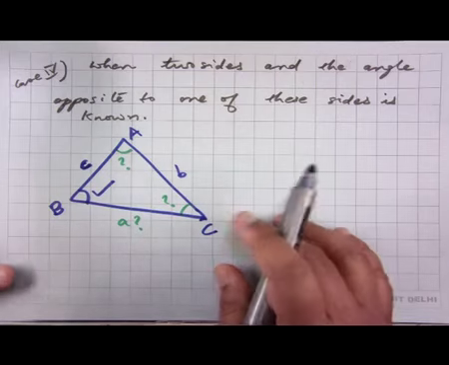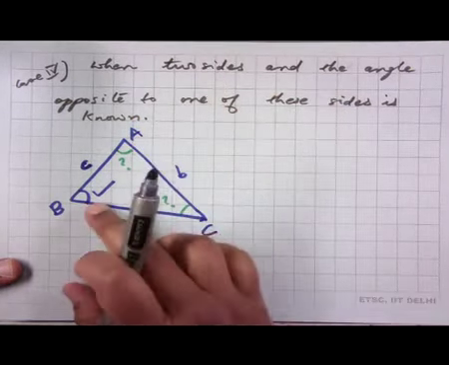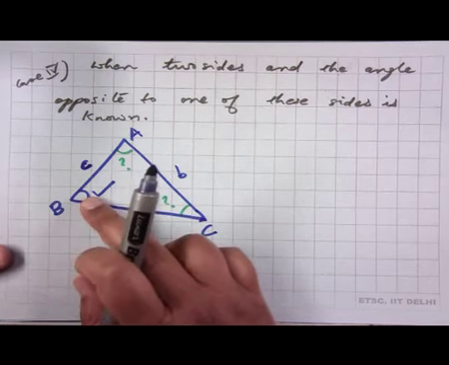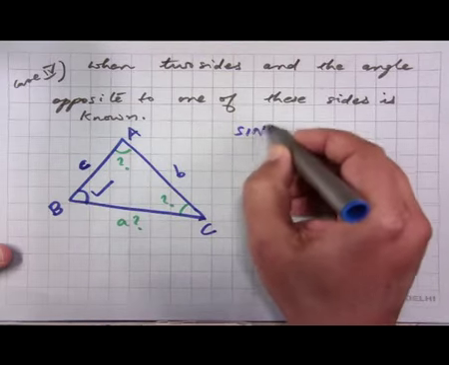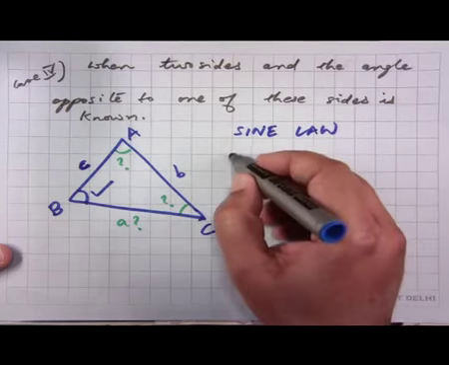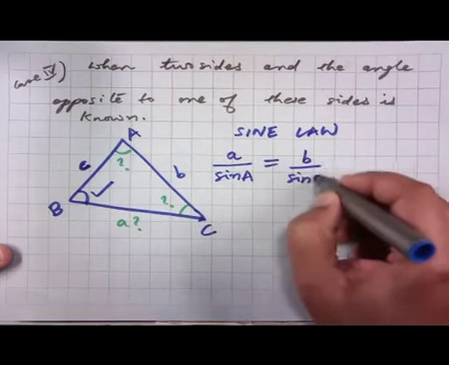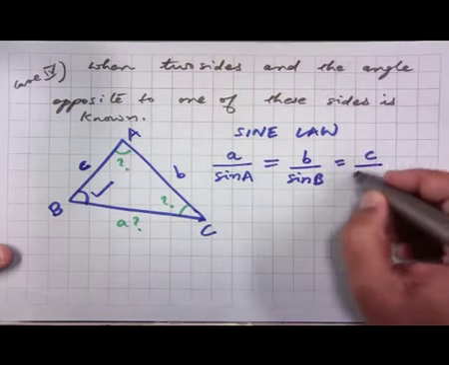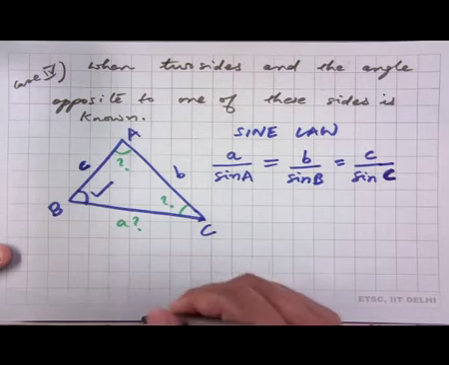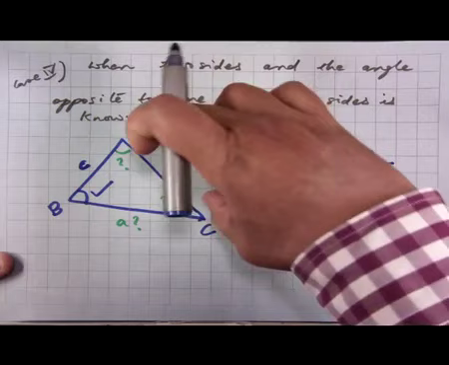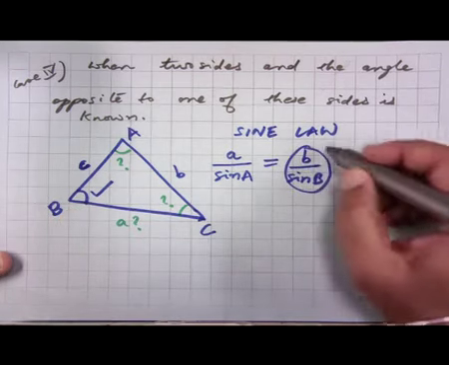So, we can again start. Since we know the length of this side b and we also know the angle B which is opposite to b, we therefore know the ratio b by sin B. If we recollect the sine law, we have a by sin A equals b by sin B equals c by sin C. Since the length of this side b and this angle B are known, the value of this ratio is known to us.